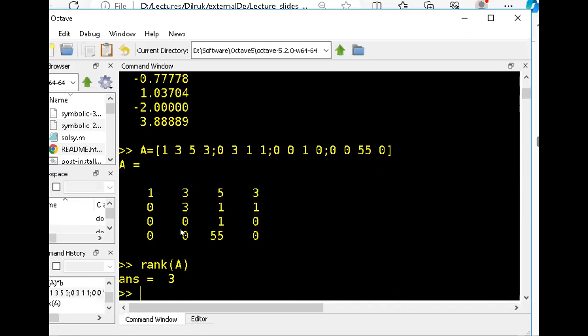Why? These two rows are not linearly independent. This row depends on this one, so this can be written in terms of the other row. Because of that, you don't get full rank.